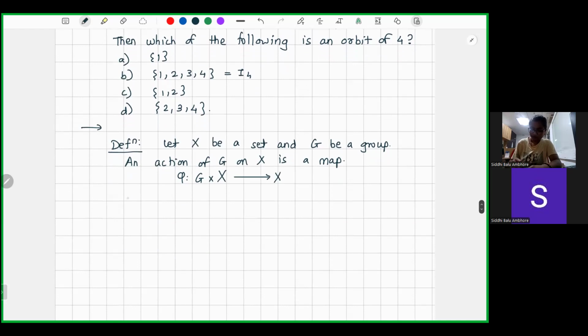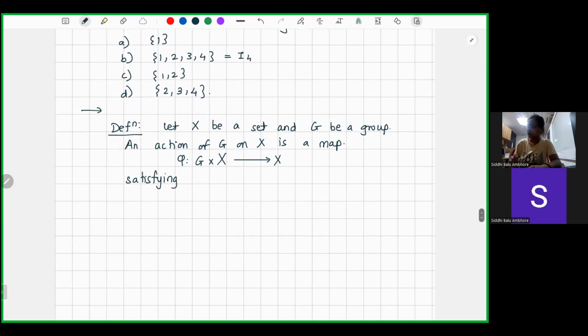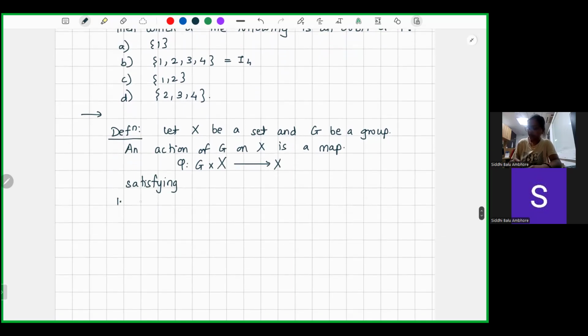Such that it satisfies, first, that phi of (e, x) is equal to x for all x in my set X. So what does this mean?